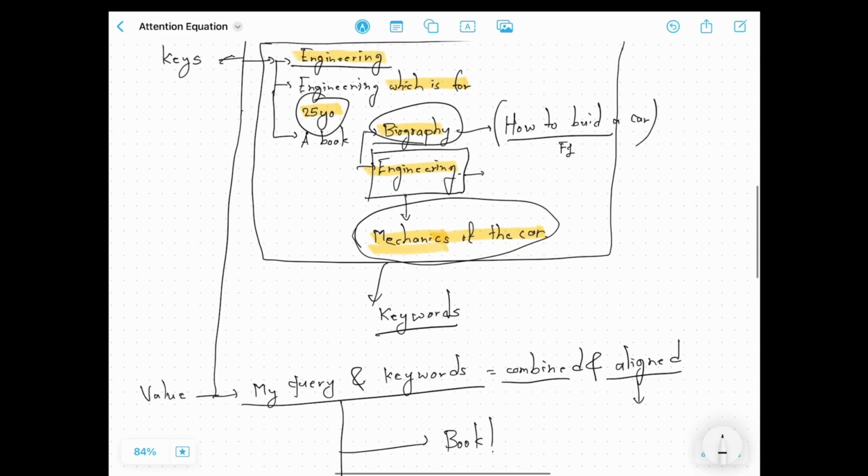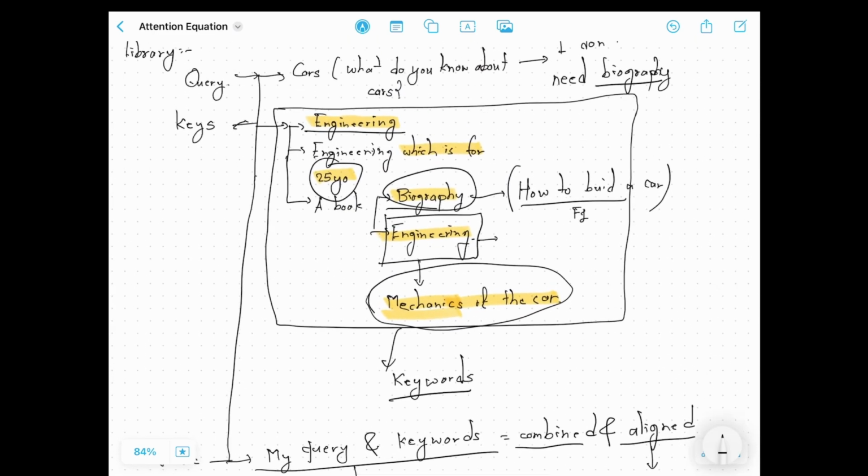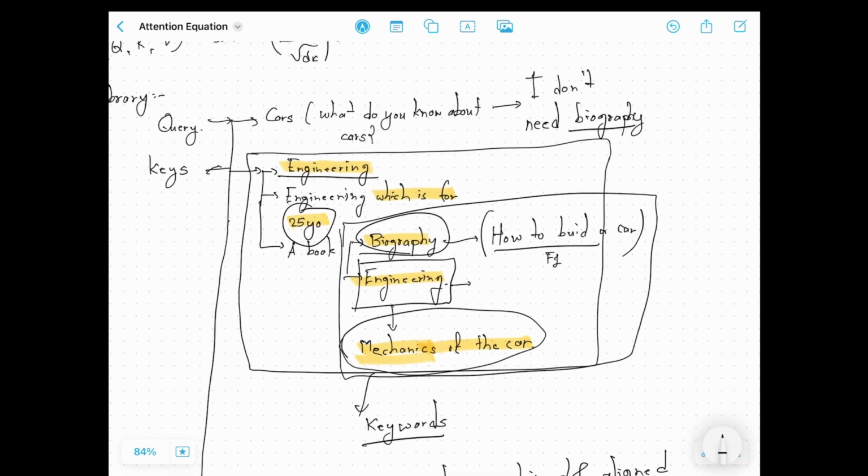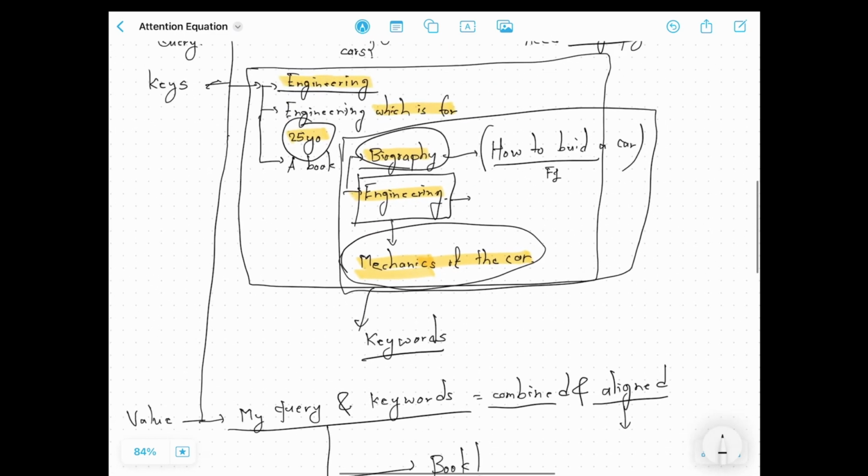When he went into the library and started wondering which book I would be interested in, he is still searching for that specific section. If I'm not giving him the keyword biography, he will be giving me this entire set.